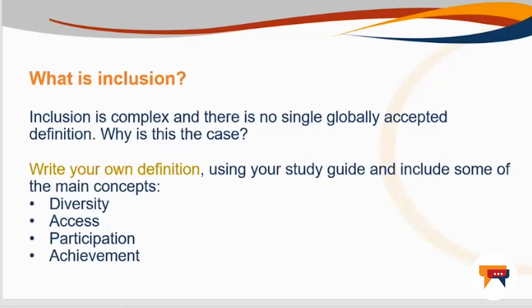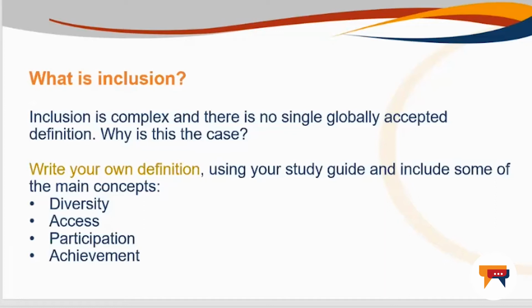Now, the first challenge we have in the field of inclusive education, and this is something that scholars and academic students around the world are grappling with, is that there's no single globally accepted definition. There's no consensus among all of us working in inclusive education of what inclusion is.